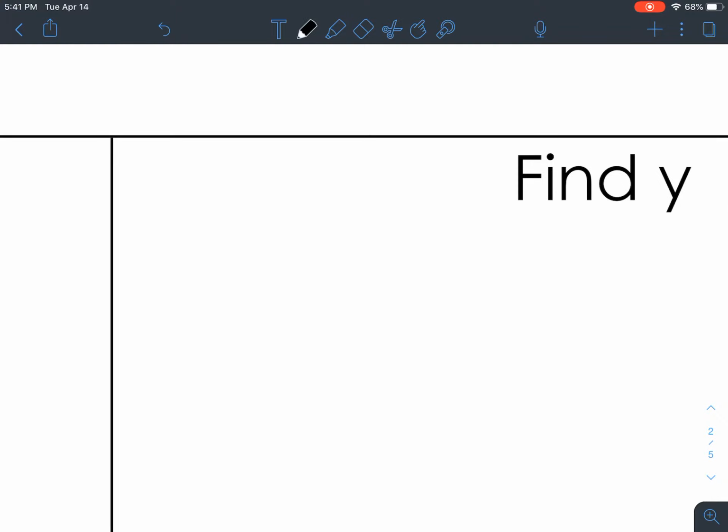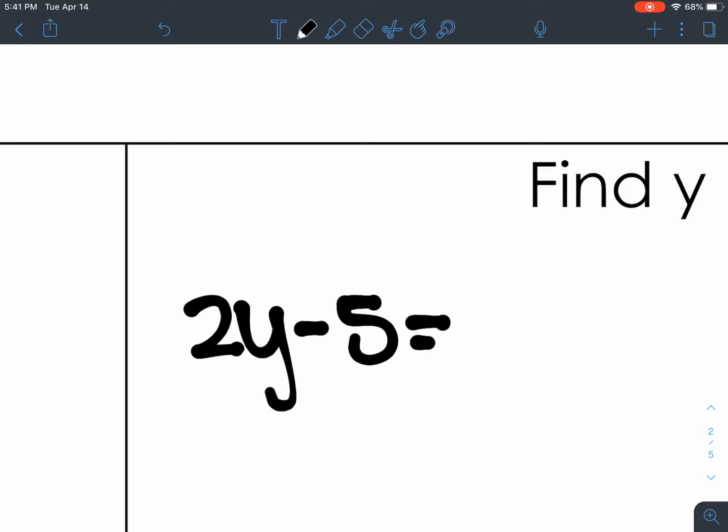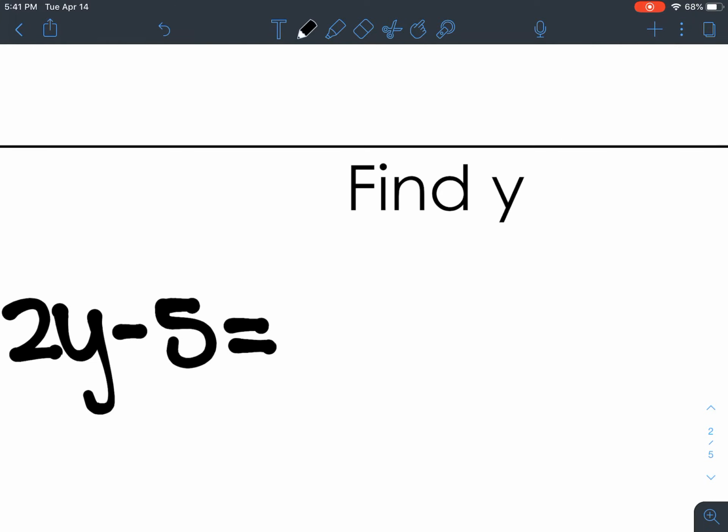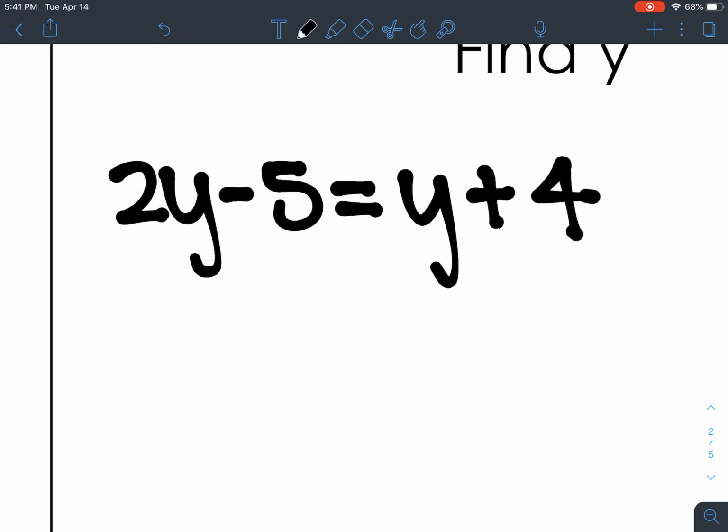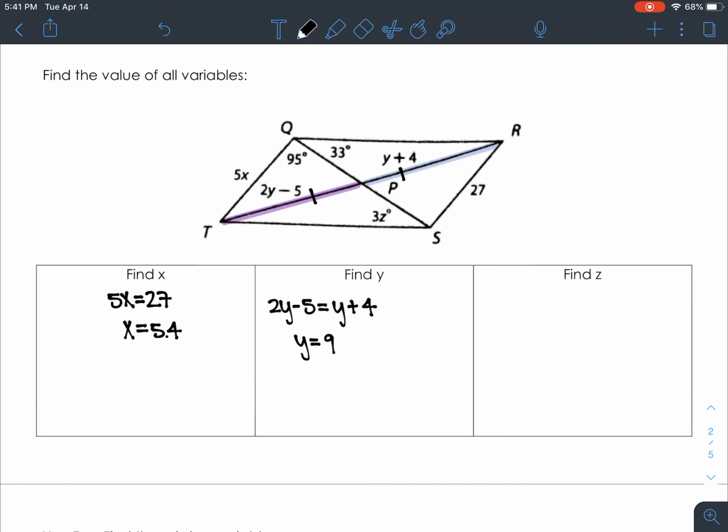So I'm going to set 2y minus 5 equal to y plus 4. And I'm going to solve. I'm going to subtract the y, add the 5. Y is equal to 9.